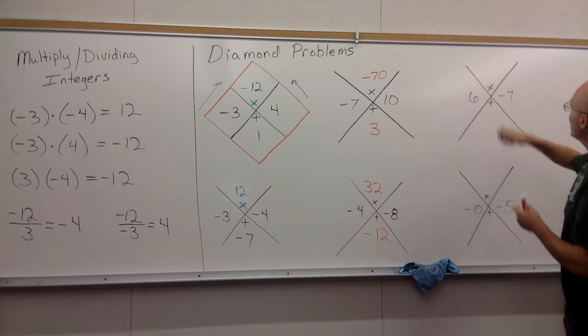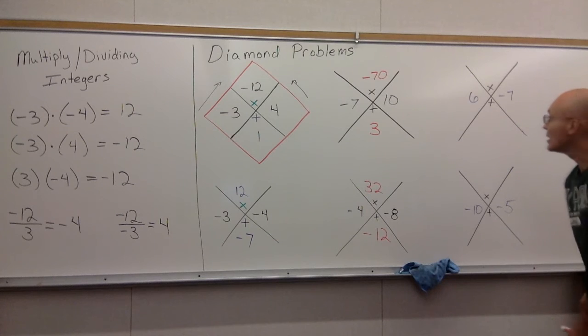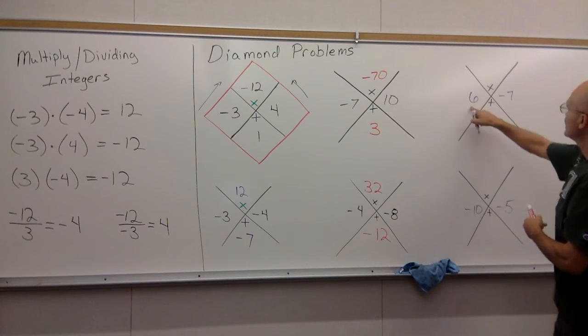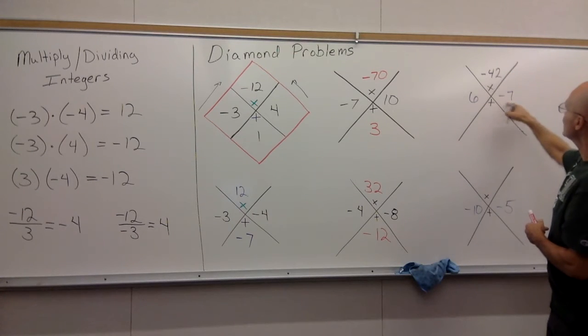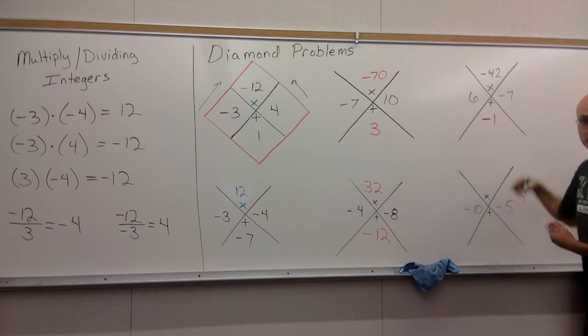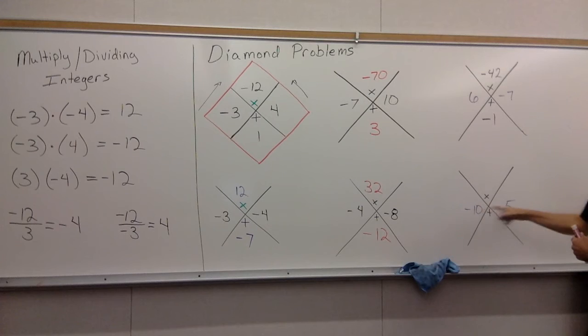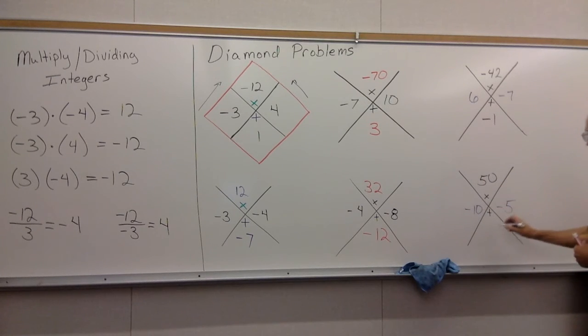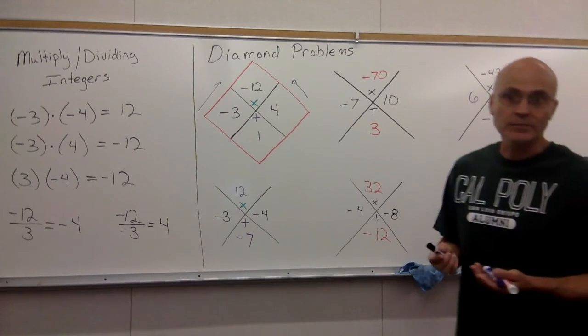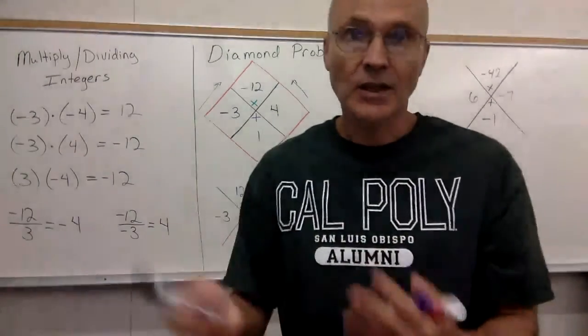So multiplying, well, let me get a different color. 6 times -7, -42. And 6 plus -7, -1. That's how you do it. Here, multiply a negative times a negative, positive, and a negative plus a negative, -50. And now you guys can practice them, and I can get you guys leveled up.